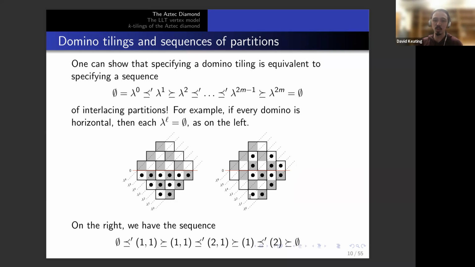If you look at slice 1, for example, the front particle had to jump once to go from being here to being there. And the second particle also had to jump once to go from being here to being here. So the partition is 1, 1. So you can read off from the particles the partitions and from the partitions the particles. So there's a bijection between these interlacing sequences and domino tilings. This will be important for us.